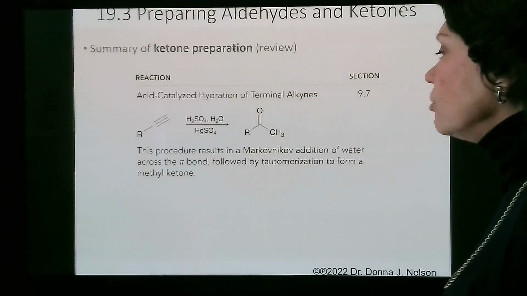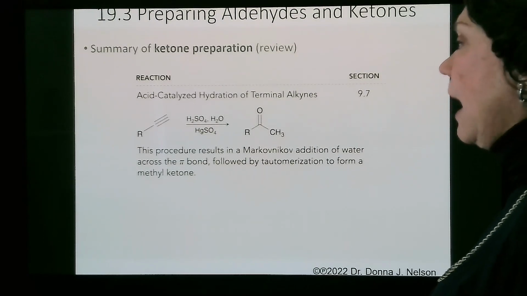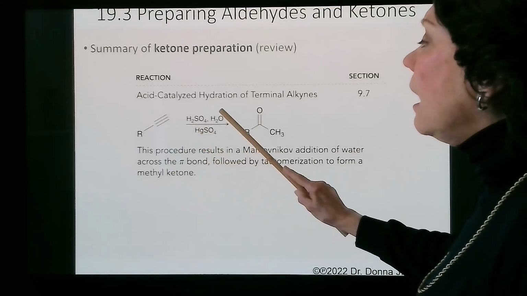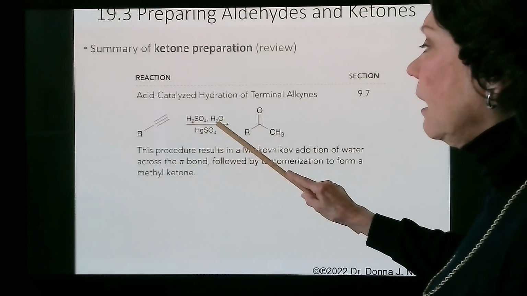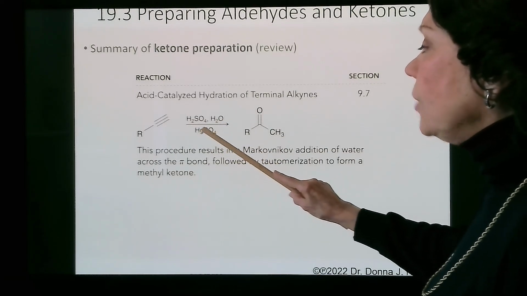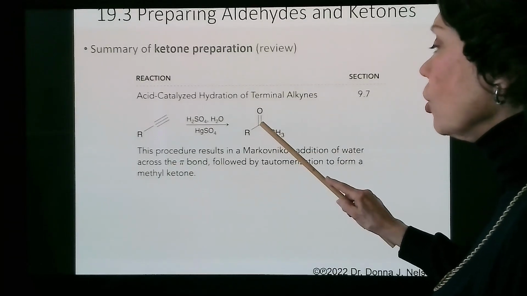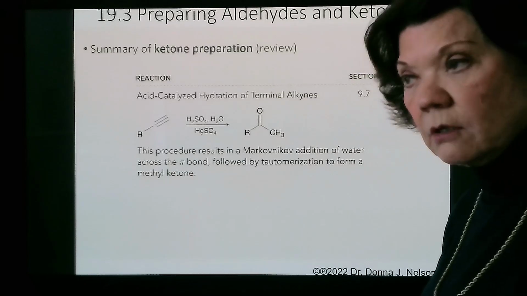Acid-catalyzed hydration of terminal alkynes. So now you have this carbon-carbon triple bond. Instead of hydroboration, you have the acid-catalyzed hydration using the mercuric sulfate. And so this gives the internal carbonyl as opposed to the terminal carbonyl.